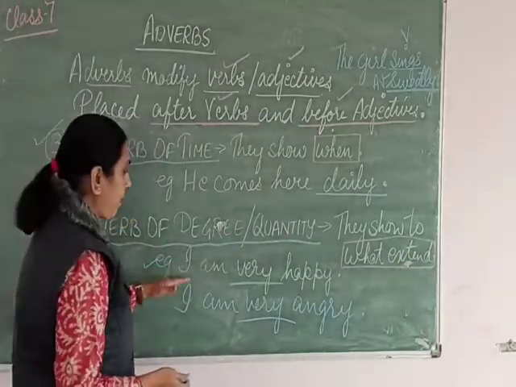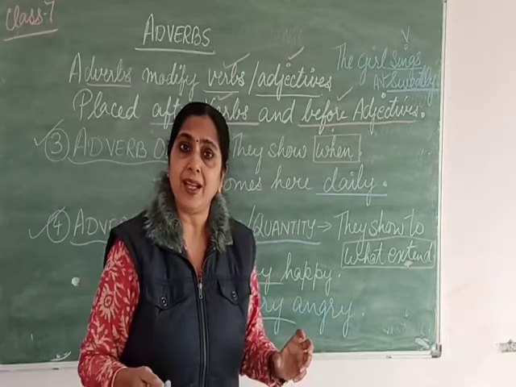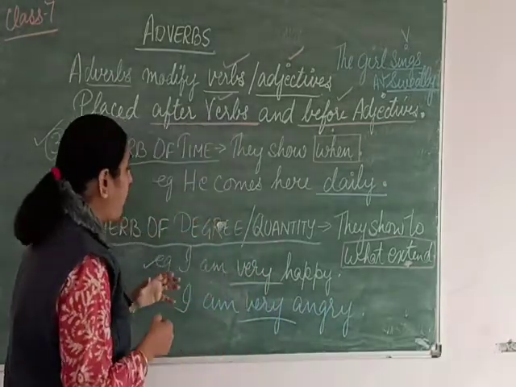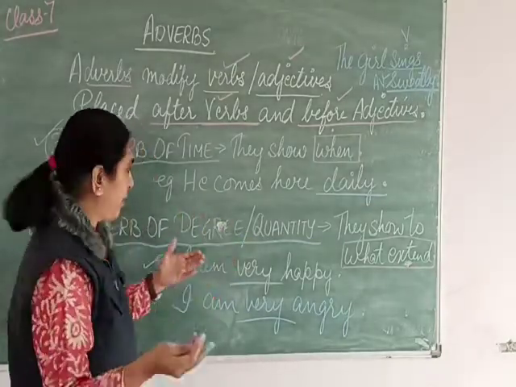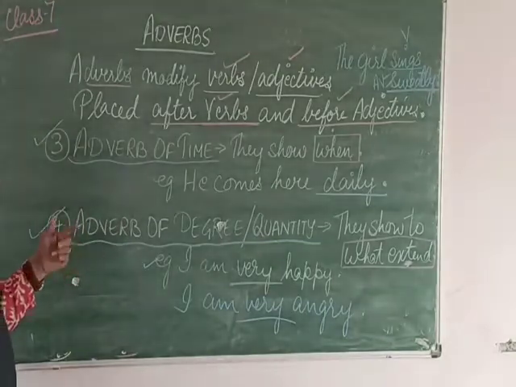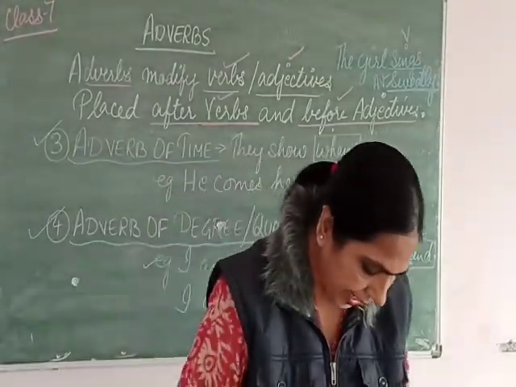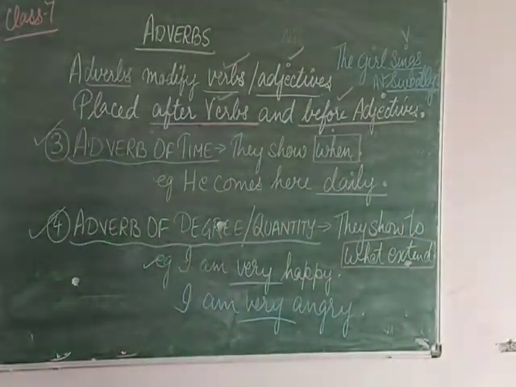For example, I am very happy, I am very angry, I am annoyed. So these indicate how much, to what extent. So there are two. Now another one we are going to discuss: adverb of interrogation, or interrogative adverb.